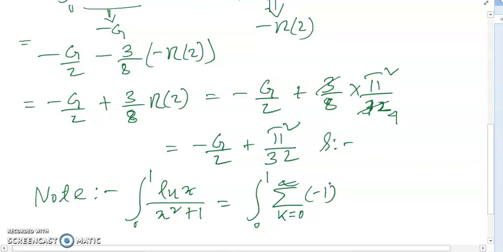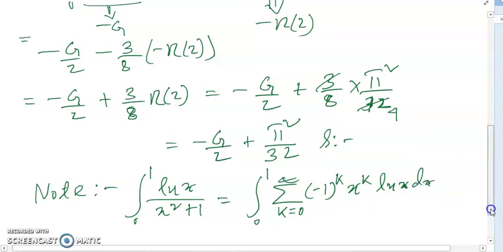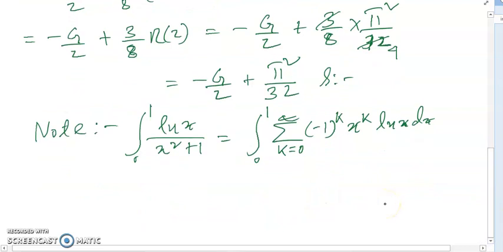Okay, this formula I just break. So minus 1 to the power k, x to the power k ln x dx.